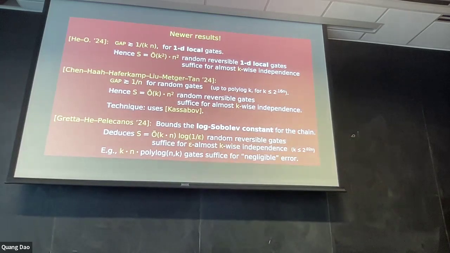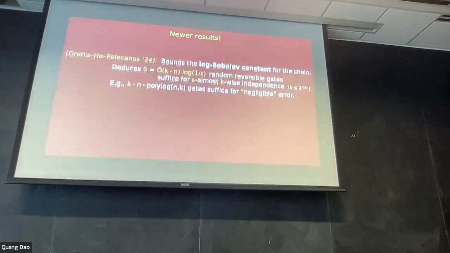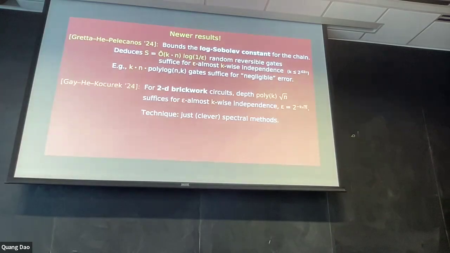So this might even make you believe that random circuits with order n gates, or Õ(n) gates, could be cryptographically secure. But they're not done.